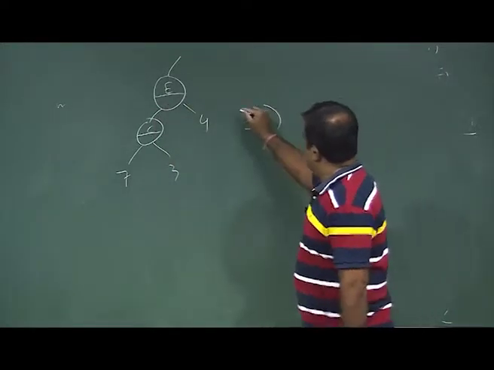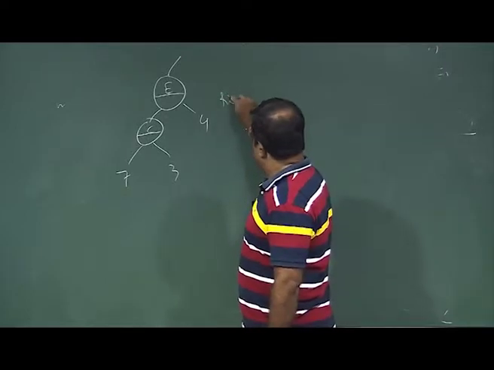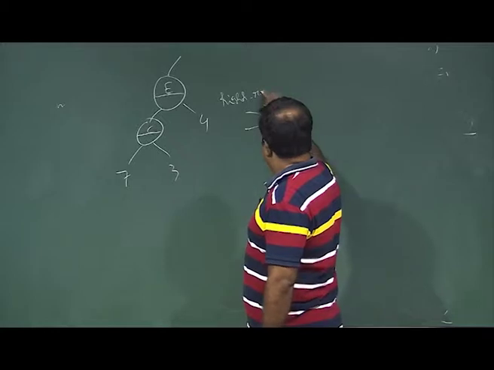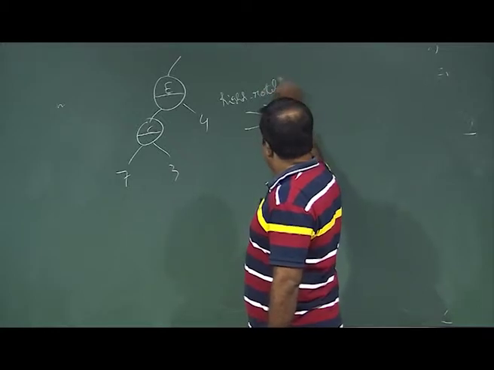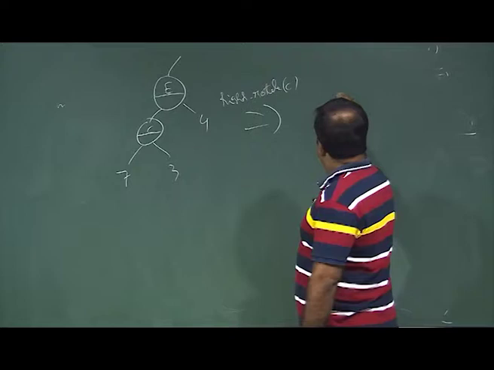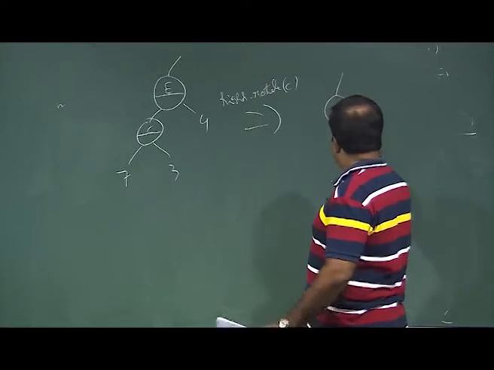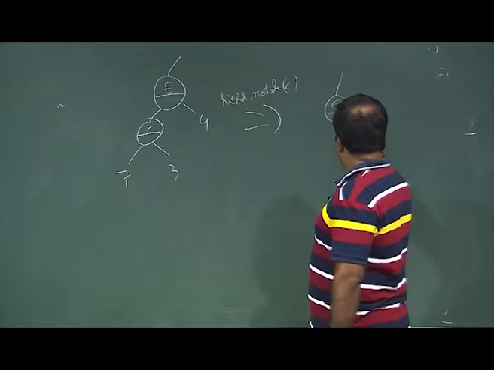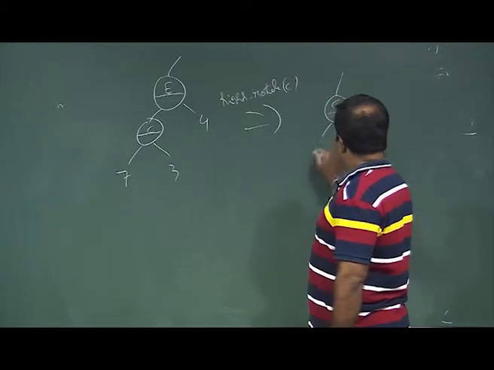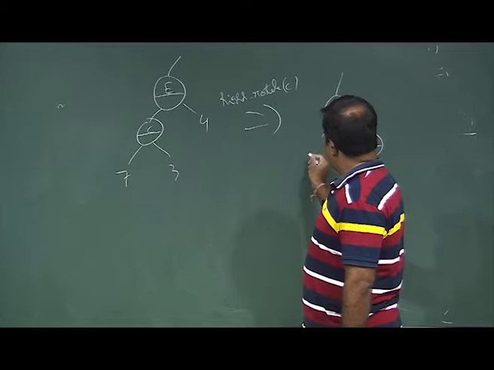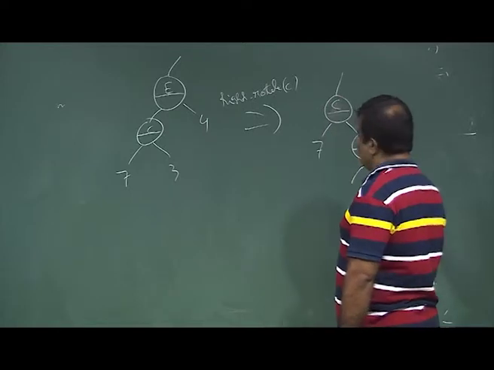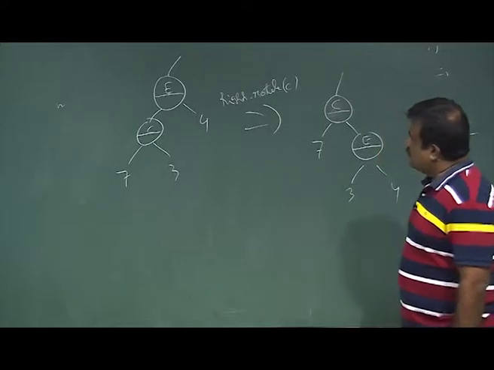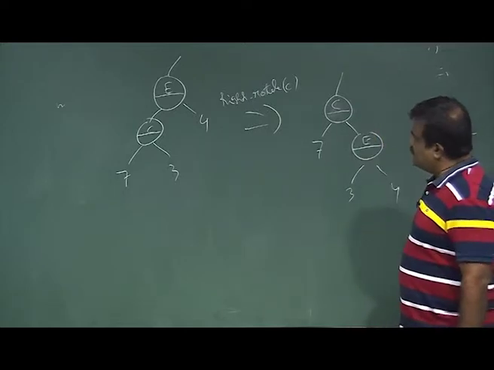So, this is basically a right rotate on C. So, C will be up and E will be down, and on the left part, this 7 will be hanging here, 3 will be hanging here, and 4 will be hanging here. Okay. Now, how to make these changes?